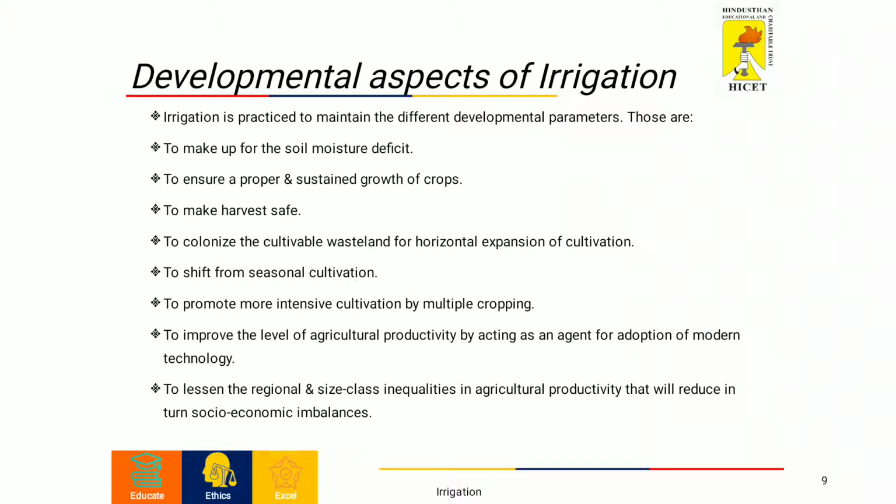Irrigation is practiced to maintain different developmental parameters, and those parameters are to make up the soil moisture deficit, that is, to reduce the soil moisture deficit, then to ensure a proper and sustained growth of crops, then to make harvest safe, that is, to reduce the harvest loss, to colonize the cultivable wasteland for horizontal expansion of cultivation, and to shift from seasonal cultivation, to promote more intensive cultivation by doing multiple cropping practices, to improve the level of agricultural productivity by acting as an agent for adaptation of modern technologies, to lessen or reduce the regional and size-based class inequalities in agricultural productivity, which will in turn reduce the socio-economic imbalance among the people.